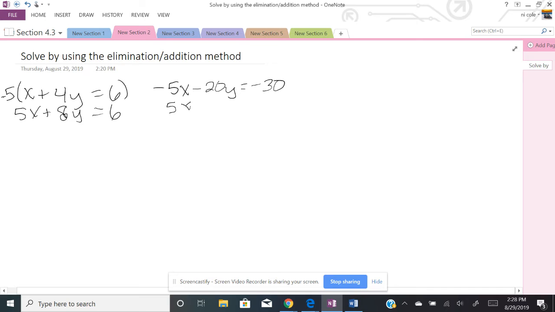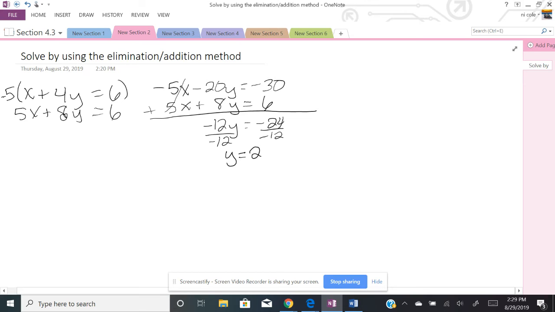And then I just bring the second equation directly across. And then I add them. So those cancel, leaving me -20y plus 8y, so that's -12y is equal to -24. Divide by -12, divide by -12, y is equal to 2.